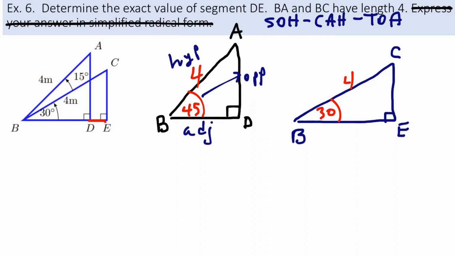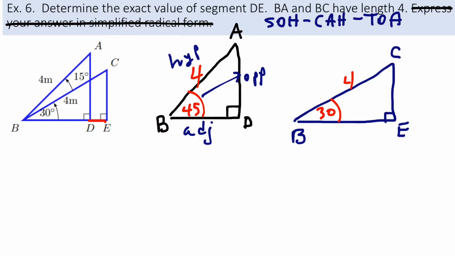Remember, in my equations, I always want to have only one unknown. So if BD is my unknown, then I'm going to want to use 4 in the equation. So I need adjacent and hypotenuse. So that indicates I need to use the cosine function so that I can put in the 4 and the BD. Right, so let's set that up.